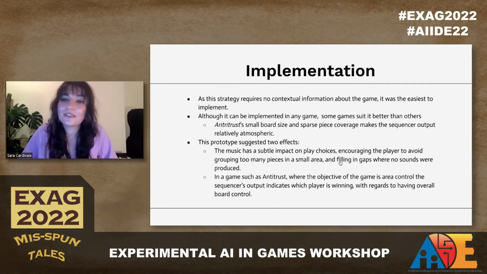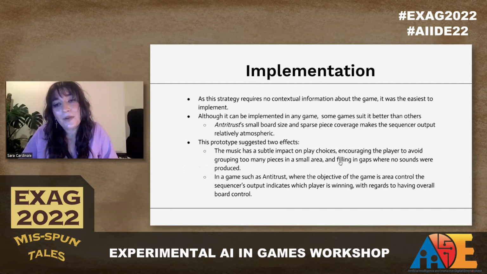The implementation of this strategy was actually the easiest out of the 3 approaches we applied. This is because it requires no contextual information about the game. This also means that it can be implemented in any game, but some games suit it better than others. PUC's game Antitrust suited the sonification strategies as it has a small board size and sparse piece coverage, making the sequencer output quite atmospheric.